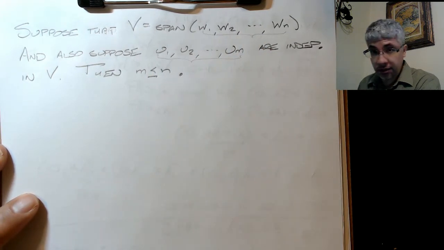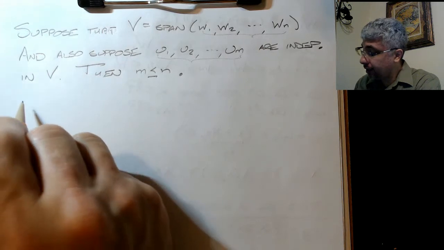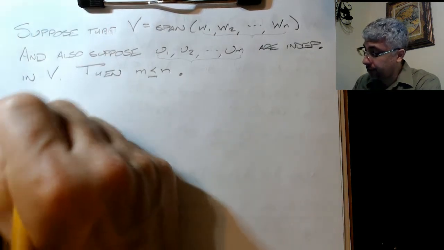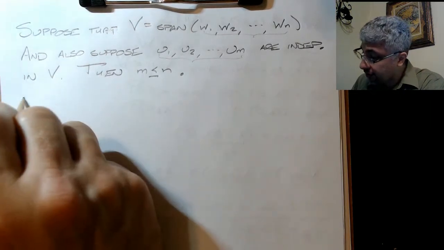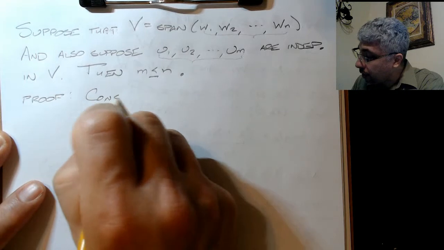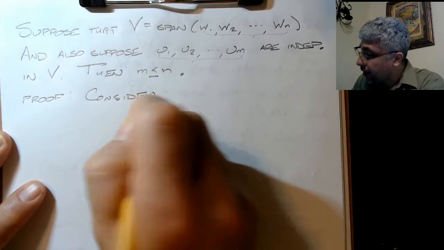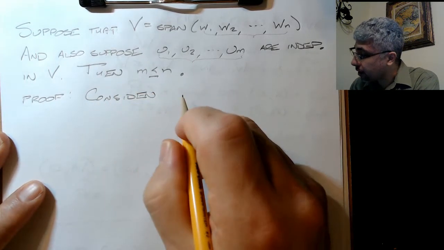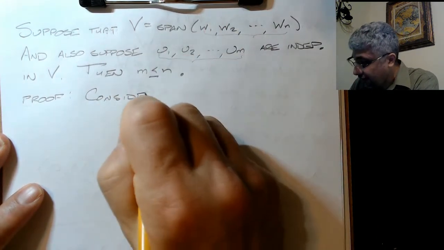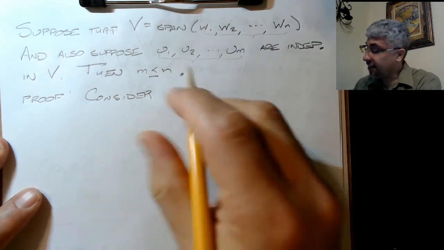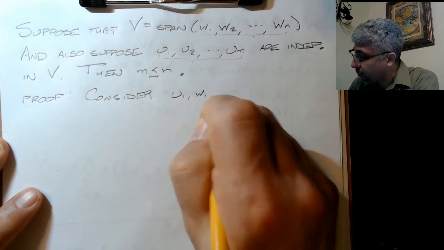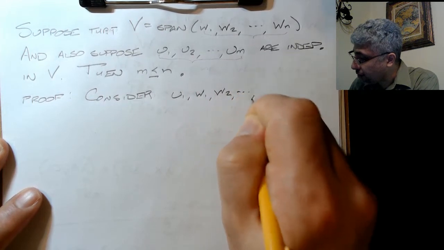So let's write proof to start ourselves off. Proof. We're going to consider the collection U1, W1, W2 through Wn.